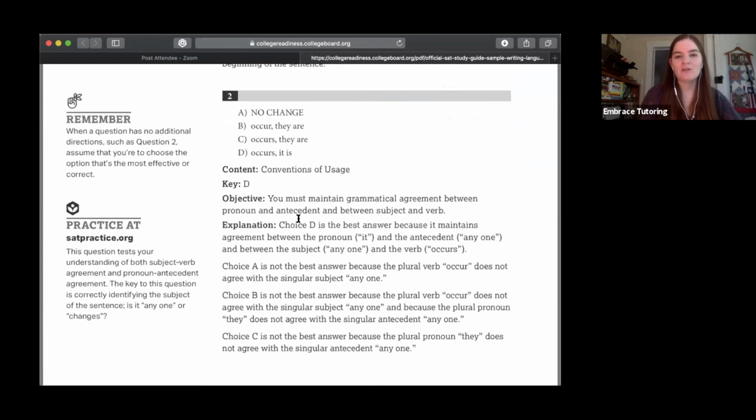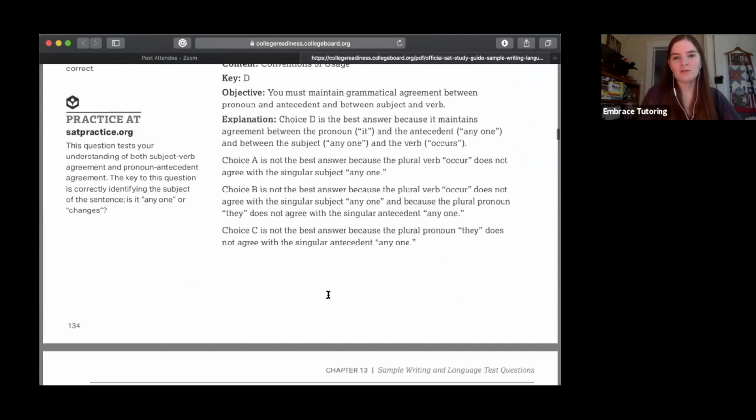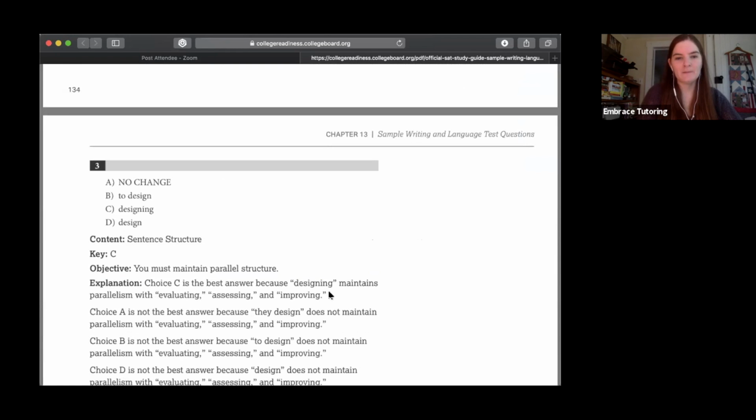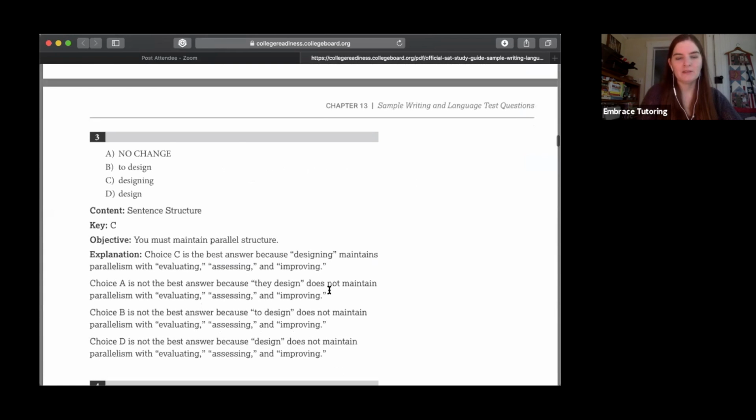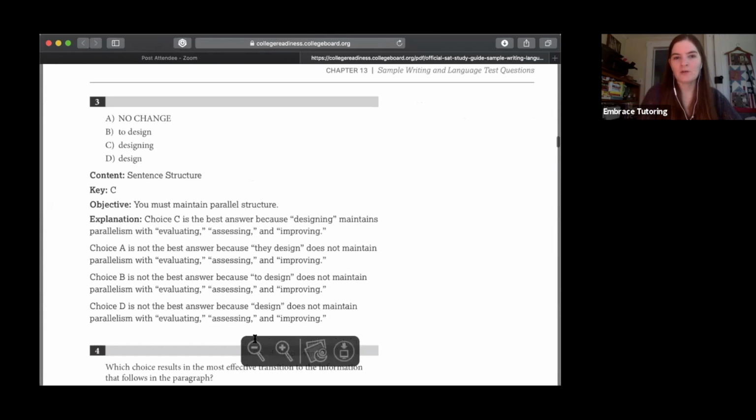So here we are definitely dealing with understanding grammatical agreement between the pronoun and the antecedent, and between subject and verb. Last week, I think we were talking more about subjects and verbs a bit. So I do want to expand on this idea, but let's see some other example types of questions.